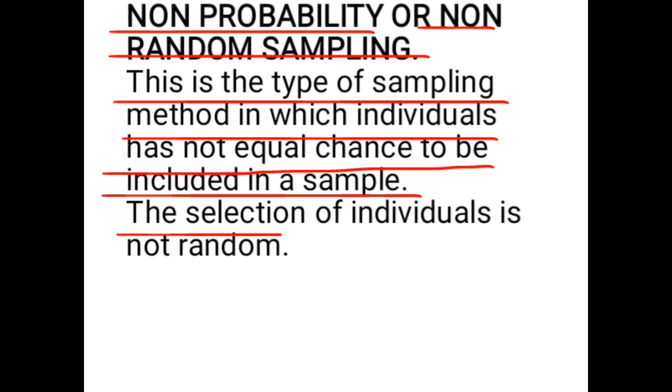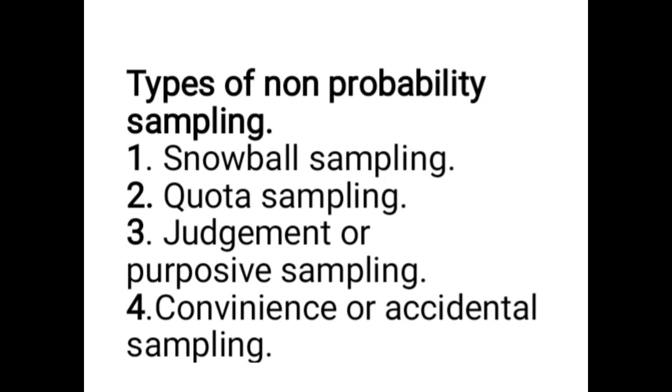The selection of individuals is not random because some individuals haven't the opportunity or chance to be included in a sample. Only particular individuals have a chance to be included in a sample under non-probability sampling.